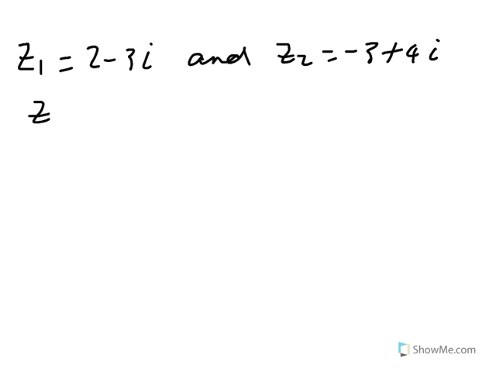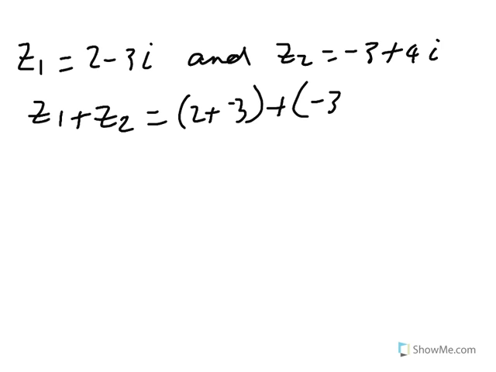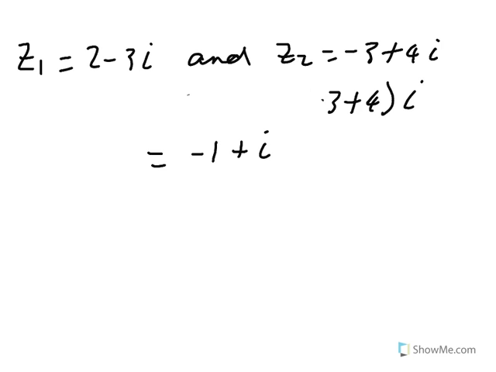If I'm going to do z1 plus z2, then I'm going to add my real components, so 2 plus negative 3, and add my imaginary components, negative 3 plus 4. So I get negative 1 plus i for that one. Pretty straightforward.